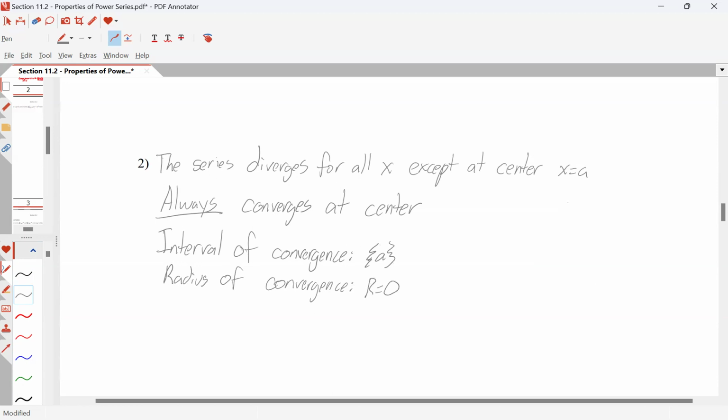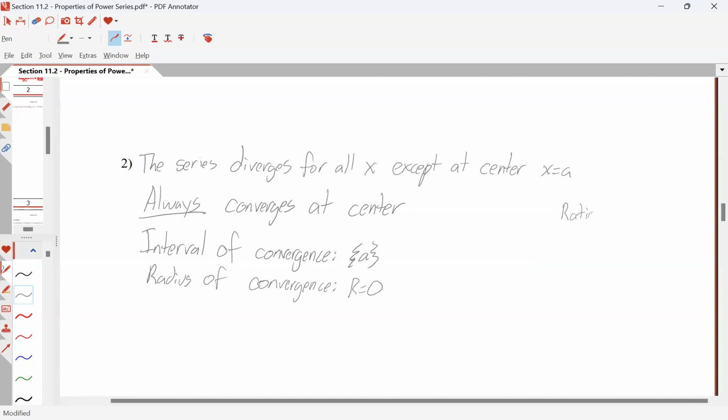How we get this situation is we run that ratio test and get the limit as n goes to infinity of a sub n plus 1 over a sub n comes out to be infinity. Infinity is always greater than 1. So by the ratio test, it's diverging for everything except when our series is all zeros. And our series is all zeros at the center.